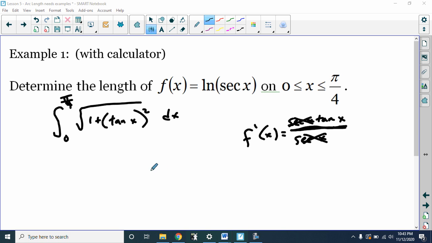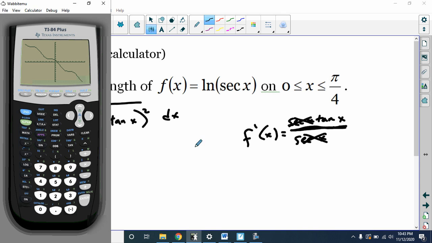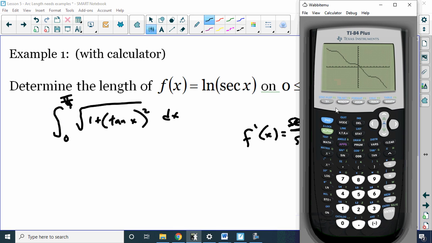And this one says it's a calculator problem. So we are going to graph square root of 1 plus tangent x squared. Make sure it's clear that you're squaring the tangent x, not just the x.